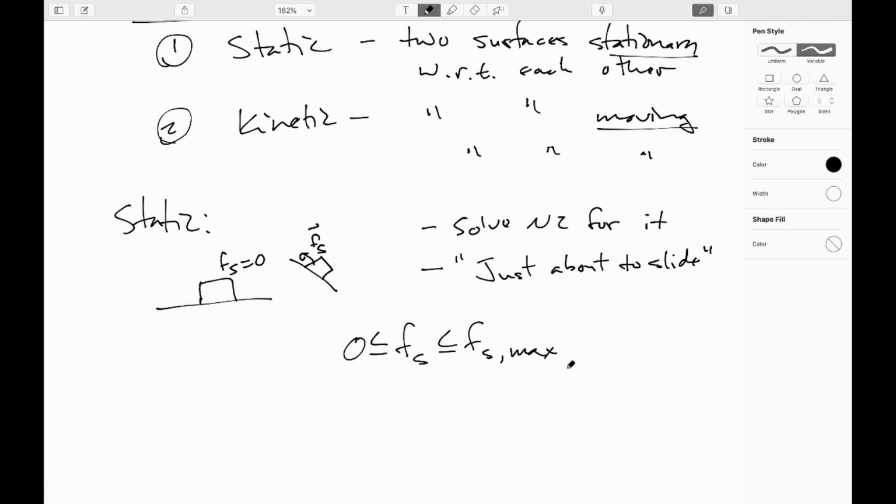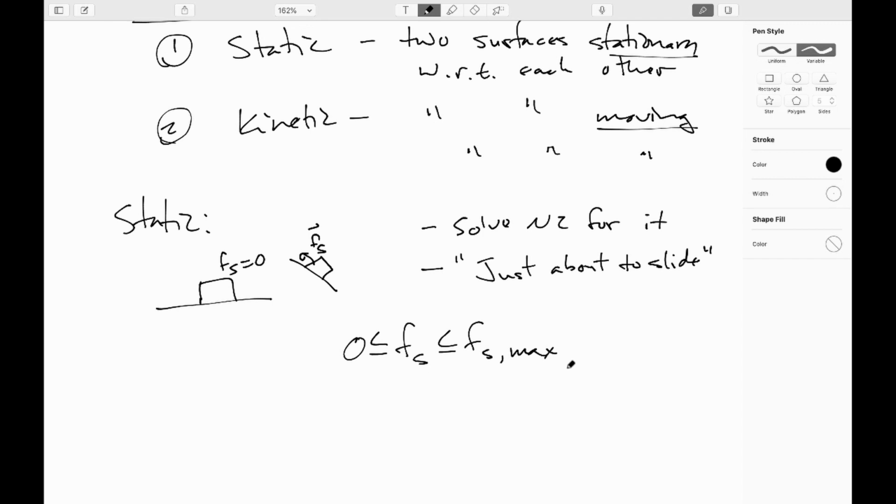You can do this for yourself by taking, say, your left hand and holding it so the fingers are straight up, your right hand so the fingers are straight down. Slide the fingers in between each other so you're looking at the inside of both of your hands, and then try sliding them sideways with respect to each other. You'll find that eventually the fingers will pop out. So that would be our Fs max.